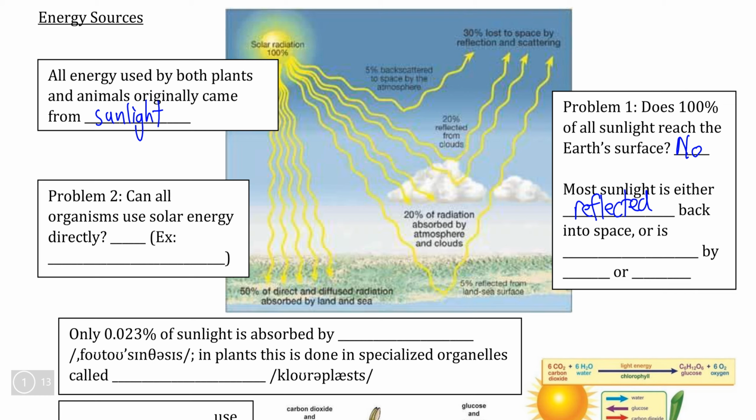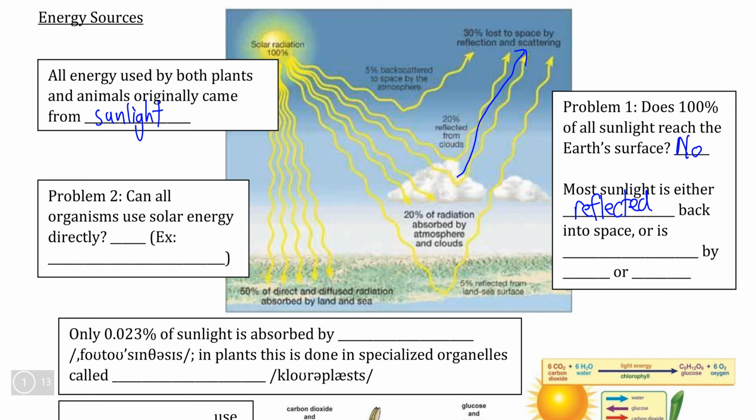For example, when sunlight hits the clouds, so even before it gets to the surface of the Earth, the water vapor in the clouds will actually reflect some of that energy back into space, and this energy will not be usable by plants.